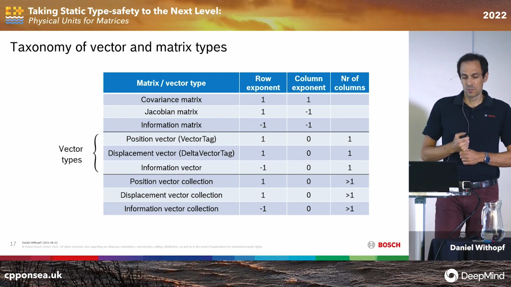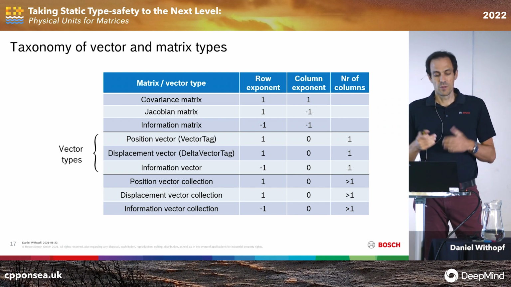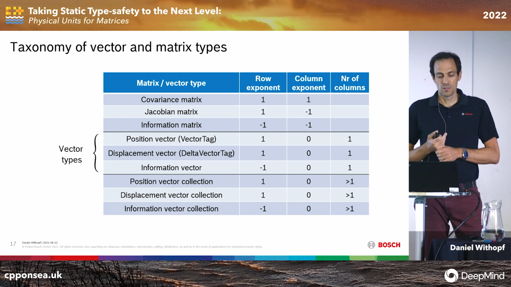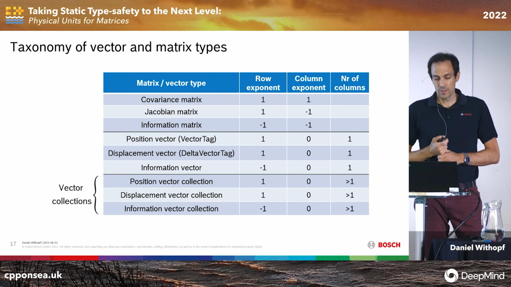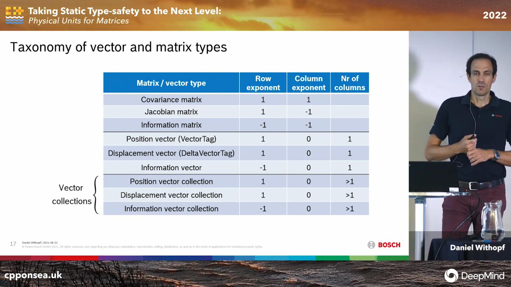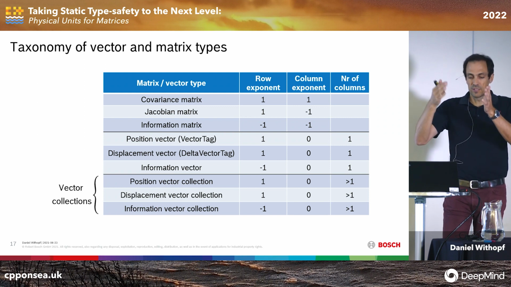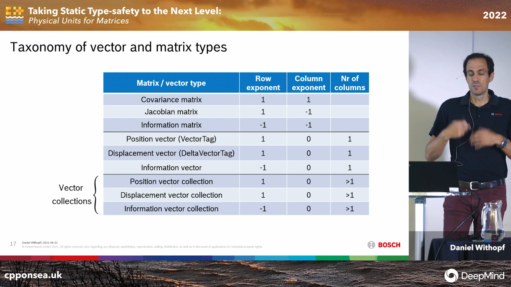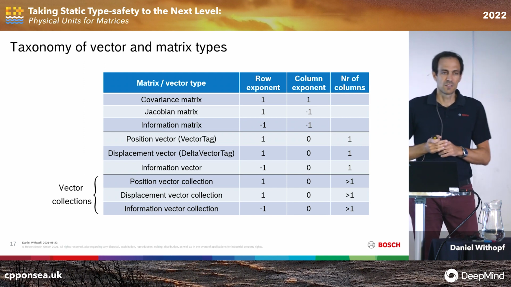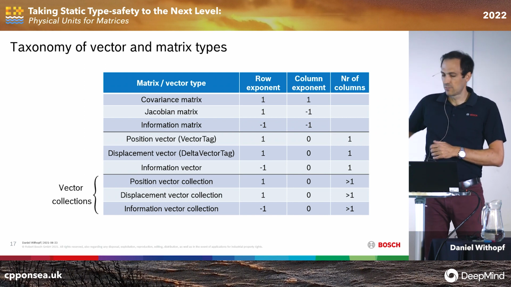The next block are vector types: position vectors, displacement vectors, and again information vectors, which have the inverse units given by the exponents. The last block is what I called vector collections. These are two-dimensional matrices that semantically contain vectors in their columns or rows. You can have a matrix that stores n vectors, and then it's semantically a collection of vectors and not one of these matrix types.